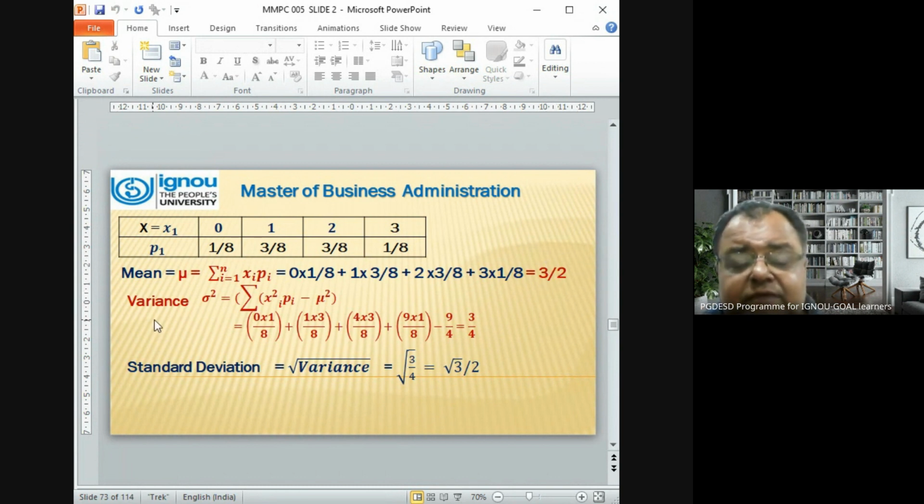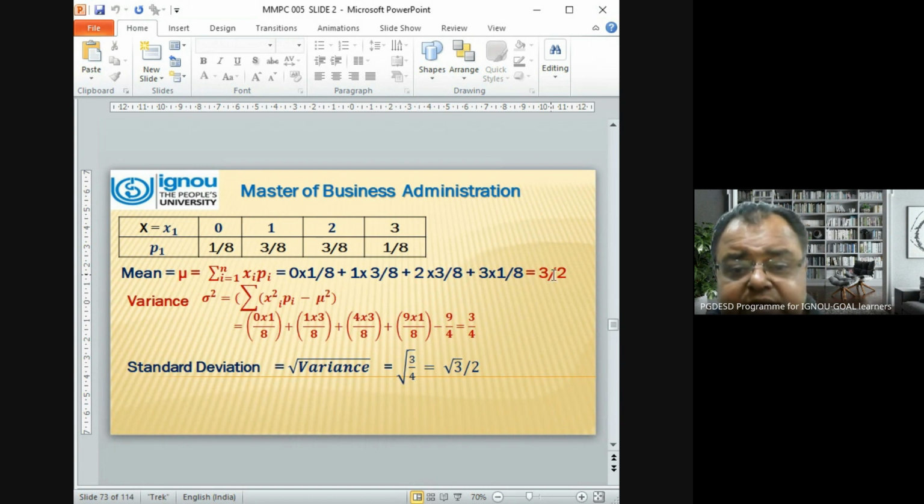For calculating variance, sigma square is equal to summation of x square pi minus mu square. So we have to multiply 0 square into 1 by 8 plus 1 square into 3 by 8 plus 2 square into 3 by 8 plus 3 square into 1 by 8. Here it is written minus mu square.